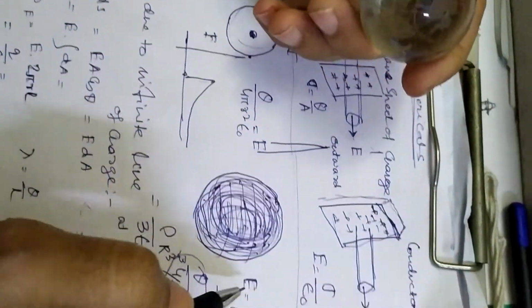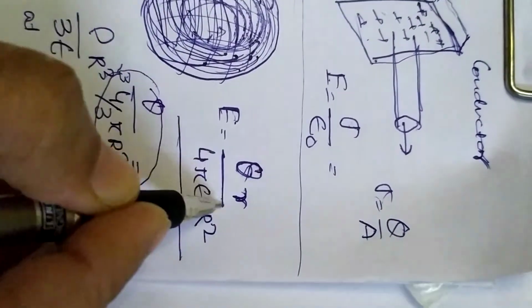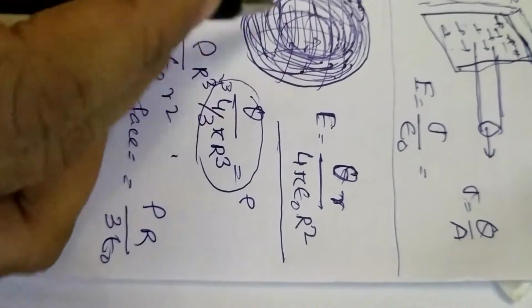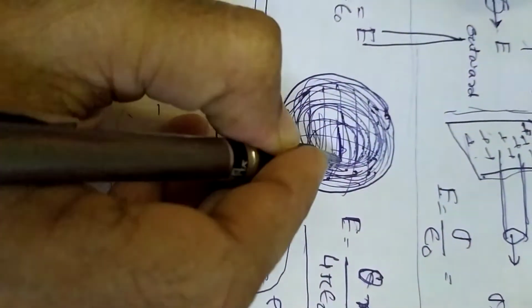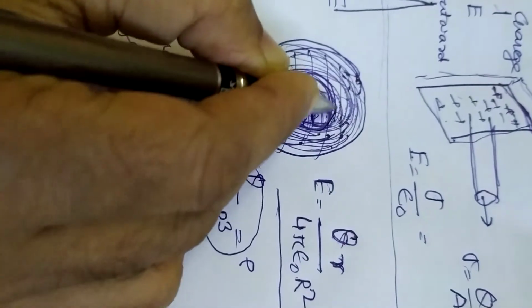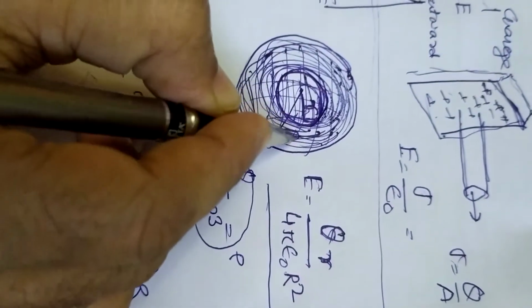Clear? In this case we will be writing E equals Q into r divided by 4 pi epsilon into R square. And if we simplify, this r is at any point. Suppose inside this point we are getting r here, this is small r, and capital R is the radius of this sphere.